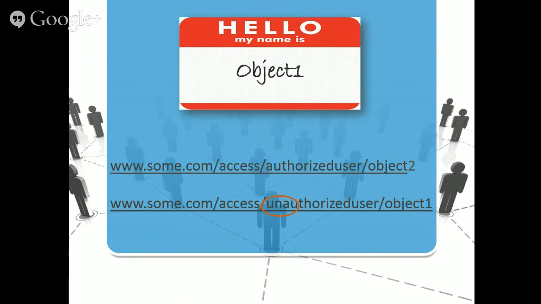Maybe after the user gets to see object two, the user can get you also. So you notice how the user is referenced and the object is referenced in the URL? By changing the object value in the URL to another value, you're able to retrieve information.